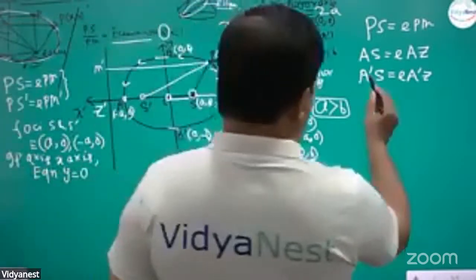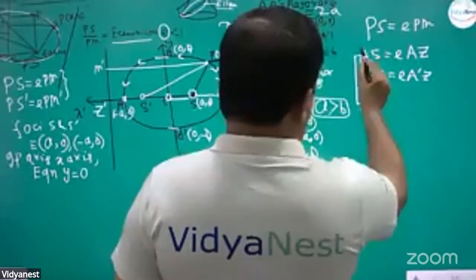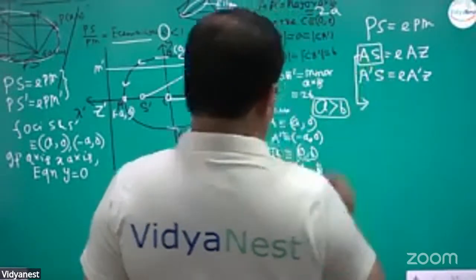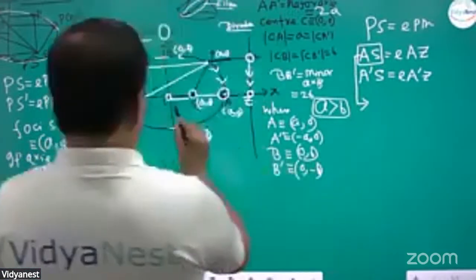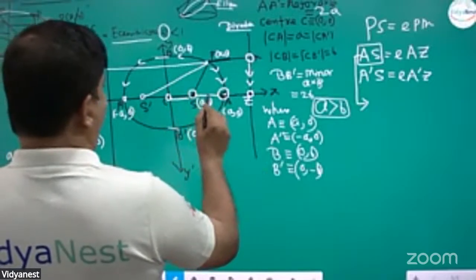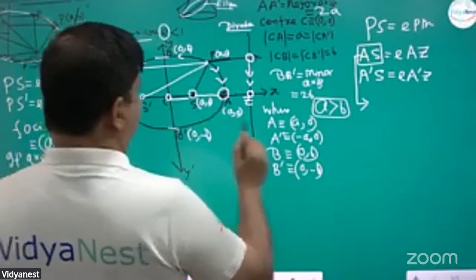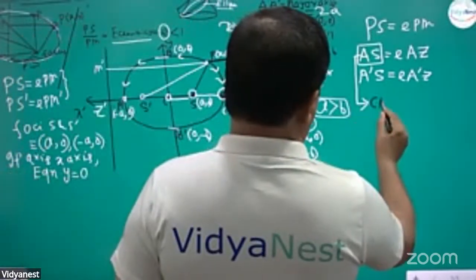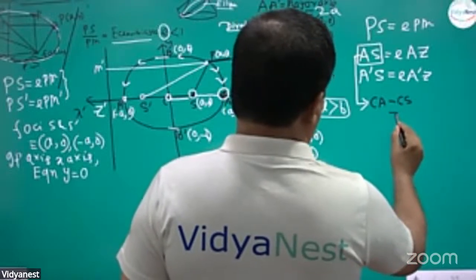So, if I consider this equation, instead of AS, I can write CA minus CS. Okay?